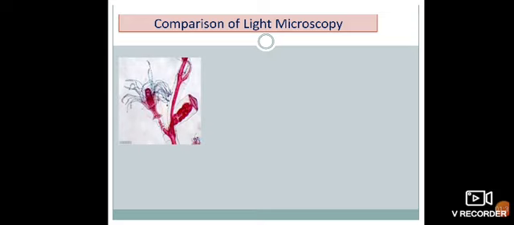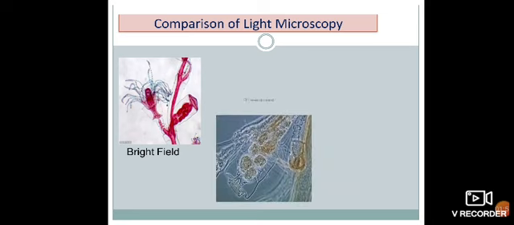For that we have a few examples. In the first image we easily observe the bright field. Observe that the specimen has a dark color, but the background is very bright, so it is called bright field. Next is phase contrast.